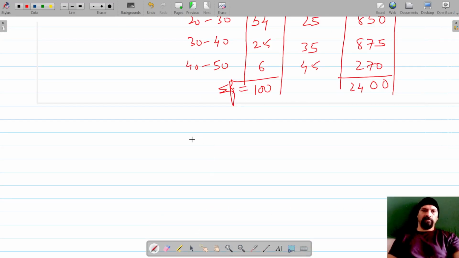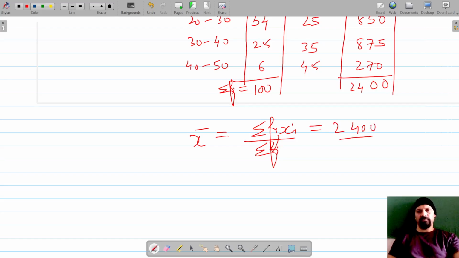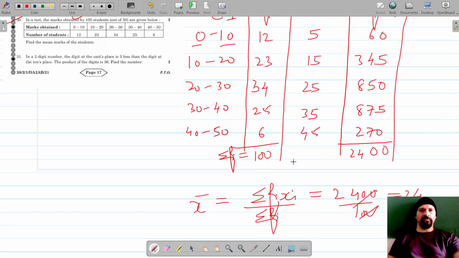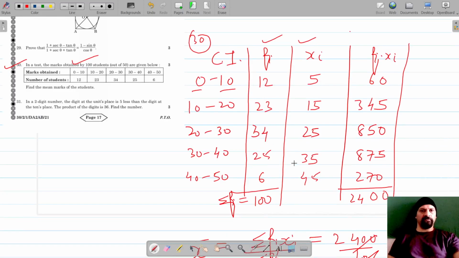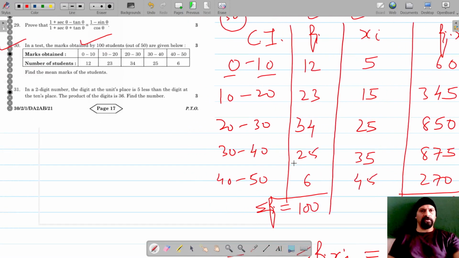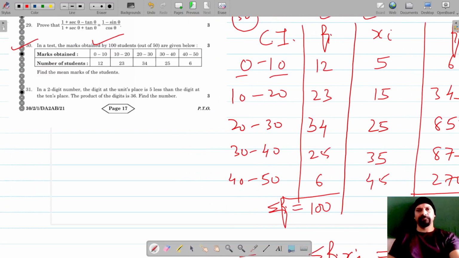And now we have to find the mean, which by the direct method should be the summation of the product of frequency and class marks divided by the summation of frequency. So that is 2400 divided by 100, which gives me the value as 24 as the mean marks of the students. Okay, moving on to question number 31.